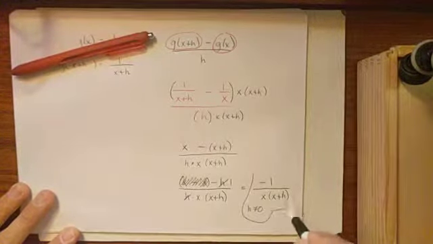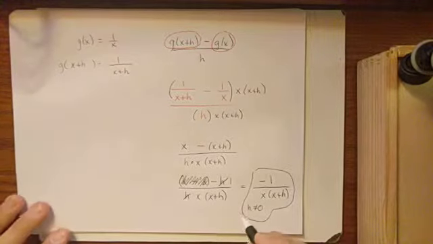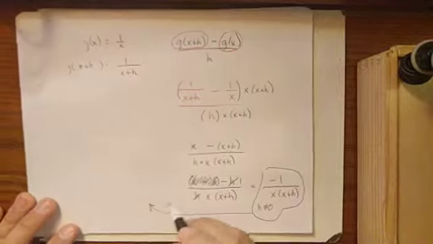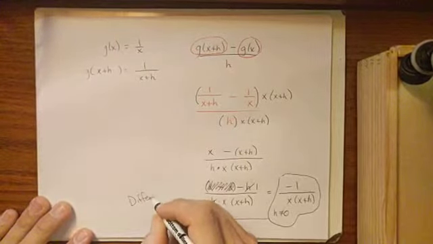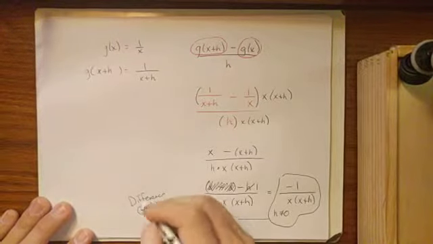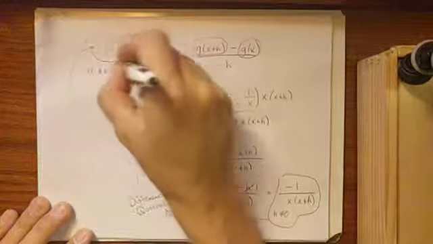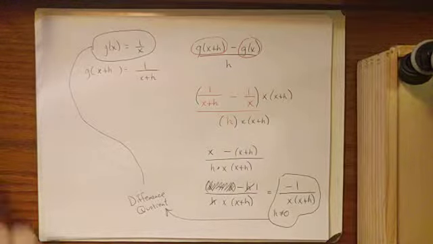So there's the answer. And this, again, is the difference quotient. Let me move this back over here. This is the difference quotient function for g of x equals 1 over x. Okay, so there you go.